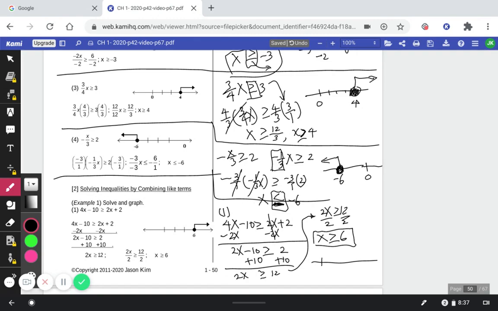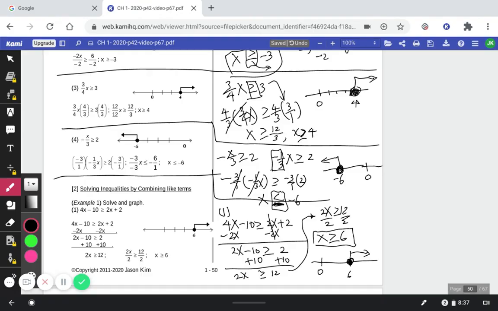And graphing it is starting from 0, approximately 6. You have to decide whether to use an open circle or closed circle. Because you have a line under the sign, you use a closed circle. And then bigger than means the right side direction. So that's how you graph this. There are a few things you have to memorize, like deciding closed or open circle by whether you have an equal sign under it or not.